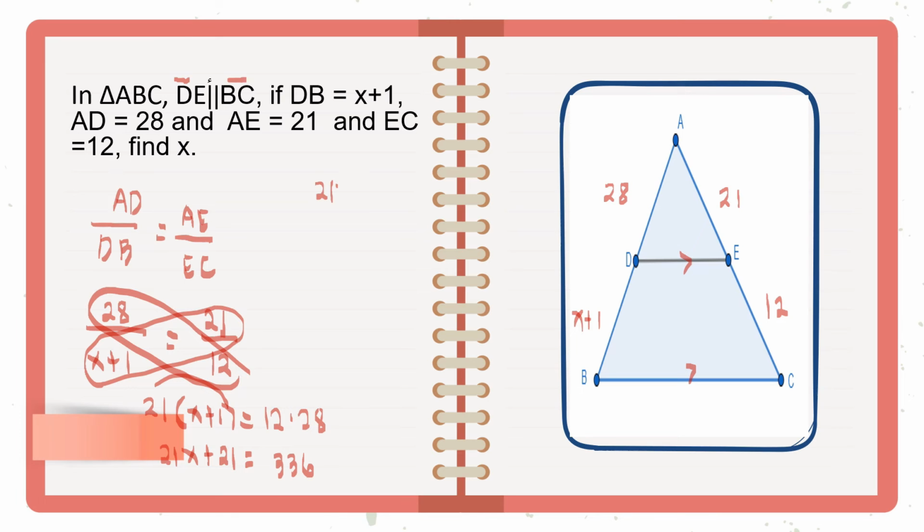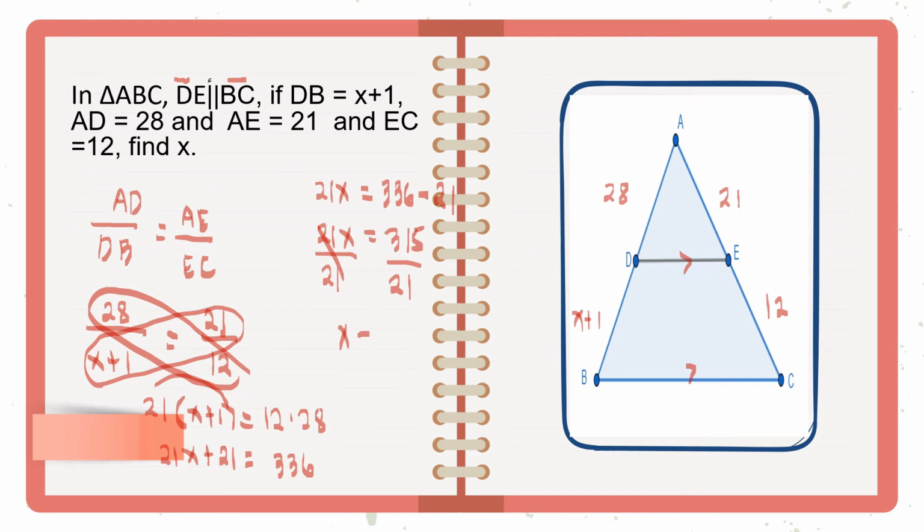We get 21x by the addition property of equality: 21x is equal to 336 minus 21. So we get 21x equals 315, since 336 minus 21 is 315. So to solve for x, we divide both sides by 21.